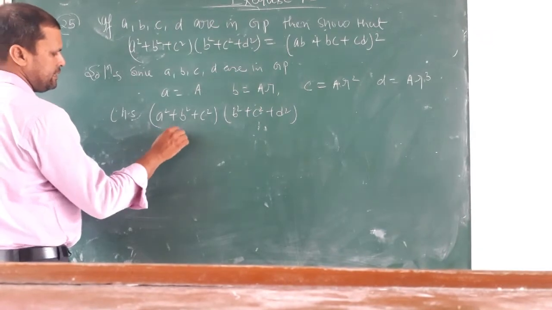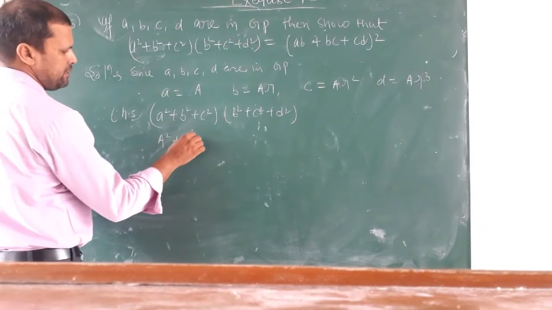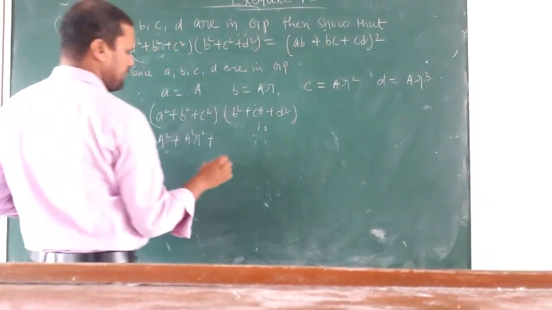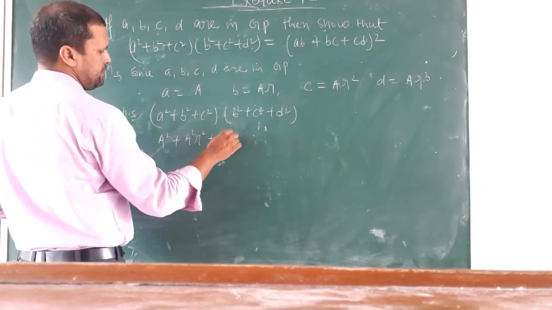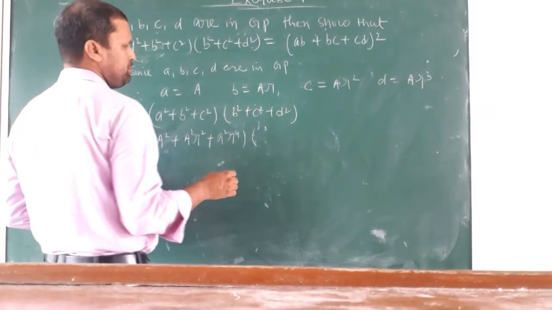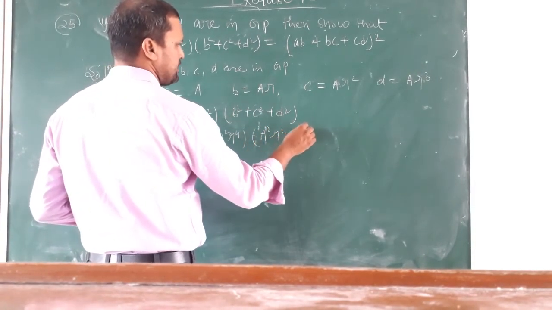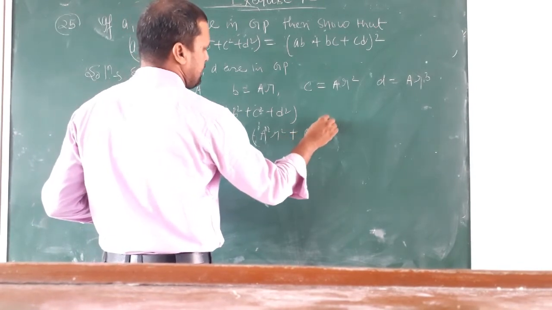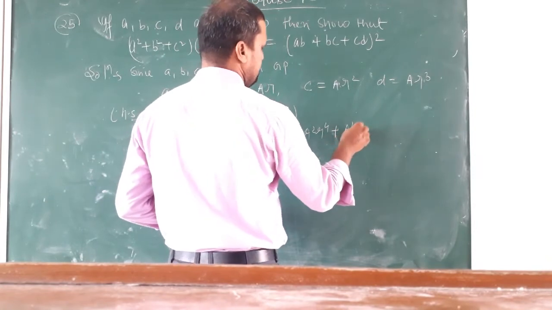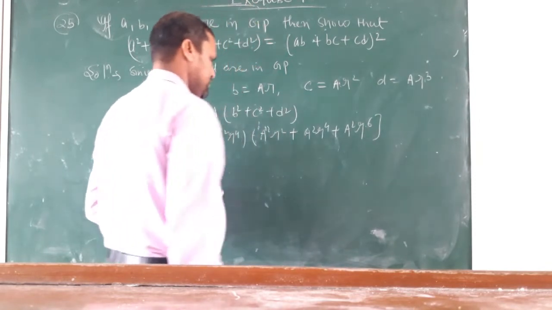It is A square plus A square R square plus A square R to the power 4 in the first bracket, and in the second bracket A square R square, A square R to the power 4 and A square R to the power 6.